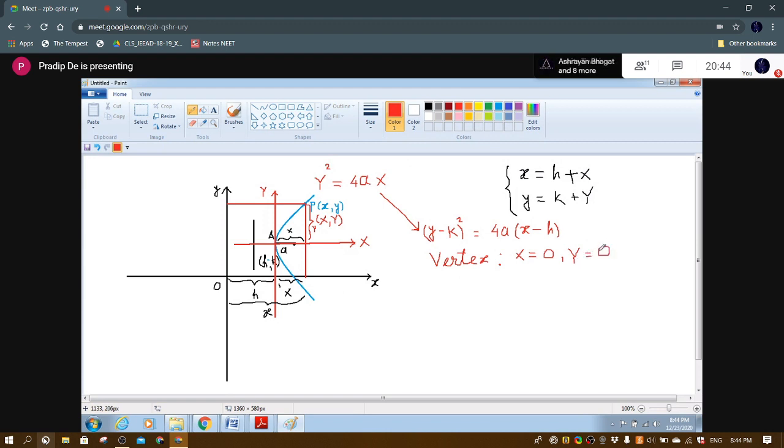That means x minus h equal to 0, y minus k equal to 0. Vertex is at h comma k. Where is the focus?